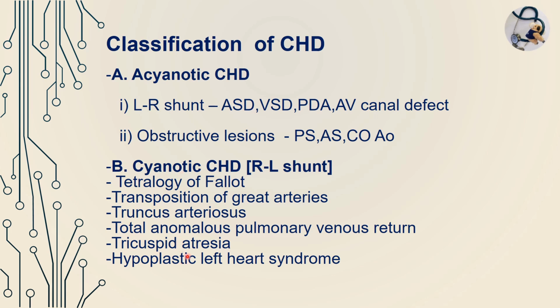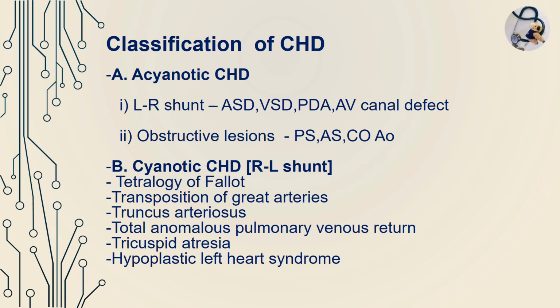So 3 holes, 3 tubes, and then 3 blue babies. That way also you can remember the classification of heart disease. All these diseases I'll discuss individually, where I'll be talking in detail.